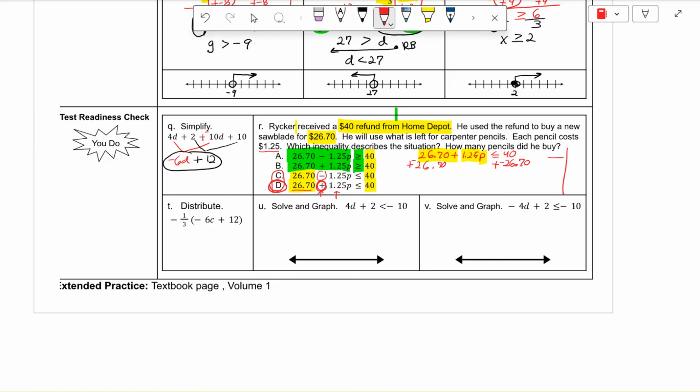Always use a T-chart, especially when you're using decimals and even fractions. 40 is on the positive side, the 26.70 is on the negative side. Obviously, you're going to move this one over. You'll line up the decimals. Where is the decimal on the 40? Right behind it. There's your pennies. So to subtract, borrow from here.